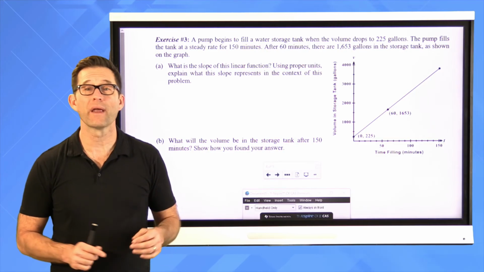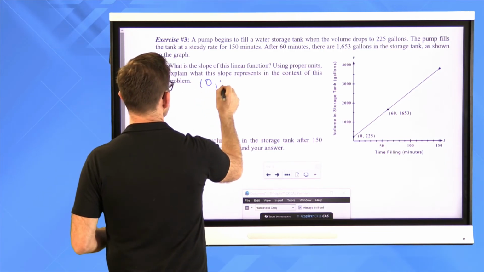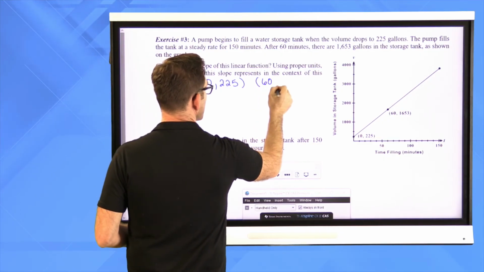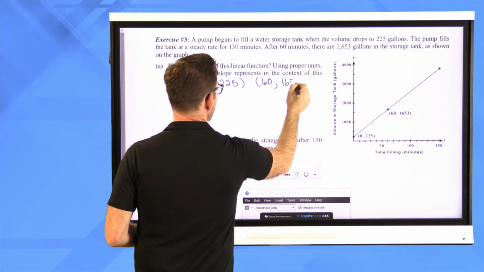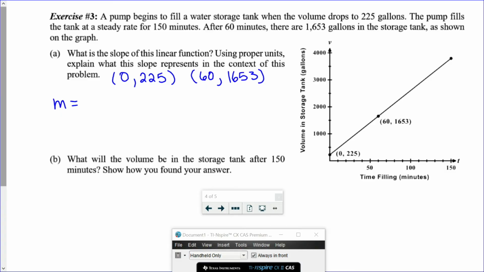All right, well, let me write out the 2 points a little bit bigger so we can see them. We've got (0, 225) and (60, 1653). Whew. All right, so my slope is going to be y2 minus y1, all divided by x2 minus x1.